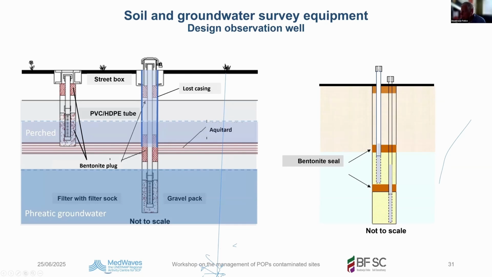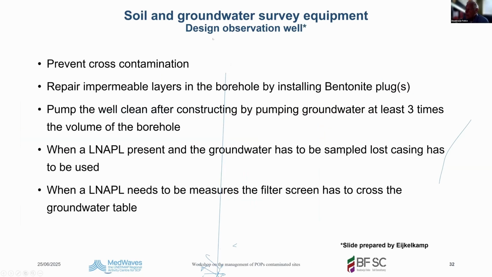And here you see this line illustrating the ventilation cap. So there should always be a ventilation hole in the cap to prevent pressure from building up in this pipe. While you install the observation well, prevent cross-contamination, repair impermeable layers in the borehole by installing bentonite plugs, and pump the well clean after construction by pumping groundwater at least 3 times the volume of the borehole.